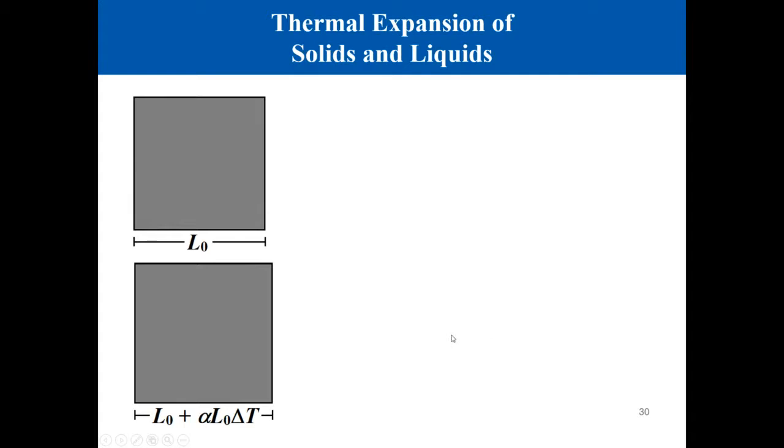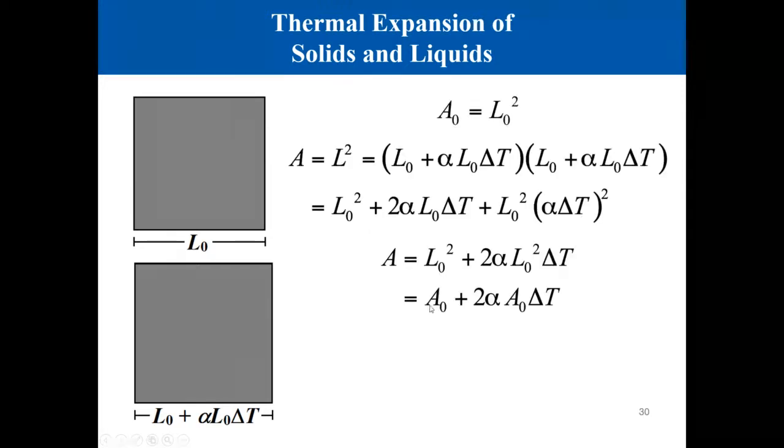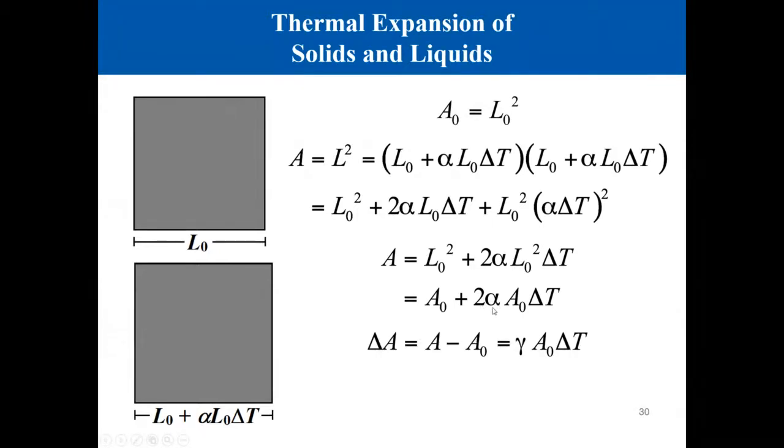For the surface expansion, you need to take the equation for the linear expansion and multiply it by the other dimension. Because of that, for surface expansion, we have to deal with 2 alpha.